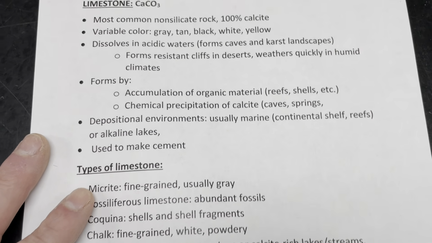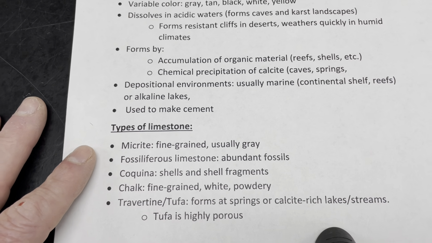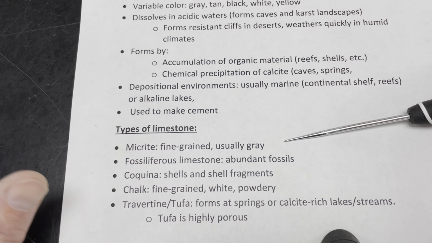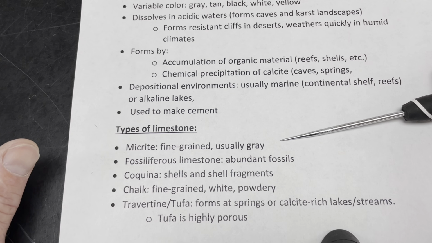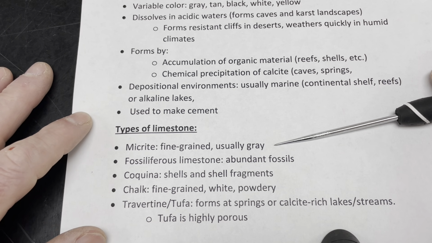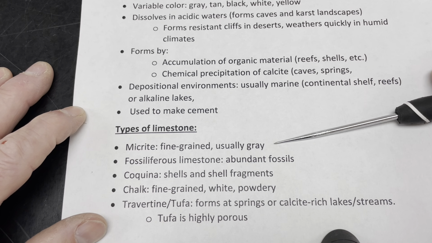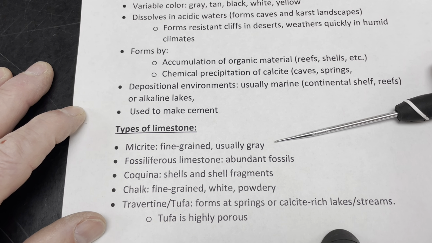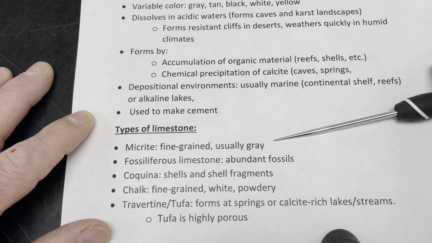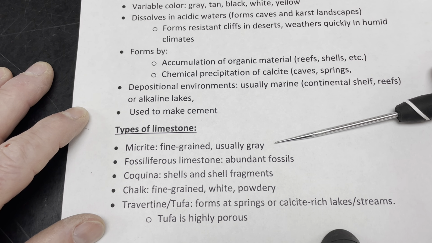So, a couple different types of limestone, and then I'll show you some rocks I've got picked out here. Just identifying a rock as a limestone is great, and you can definitely stop right there. But if you want to go a little more specific, and this is a pretty simplistic set of types, there are more complicated forms of looking at limestones with wackestones and boundstones, and you can deep dive into carbonate petrology if you choose to.